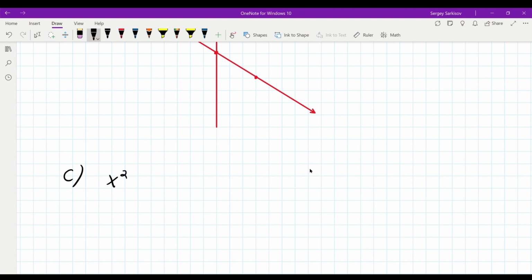x² + 0y², so no y², and then −4x, and then +8y, plus 28 equals 0.